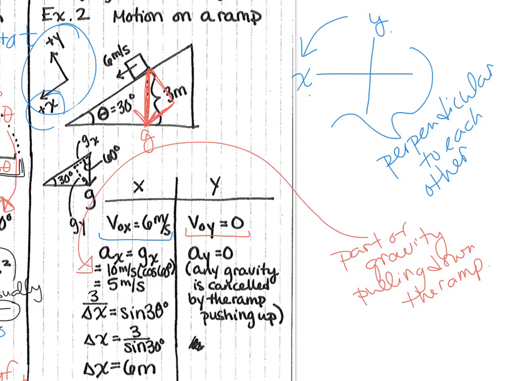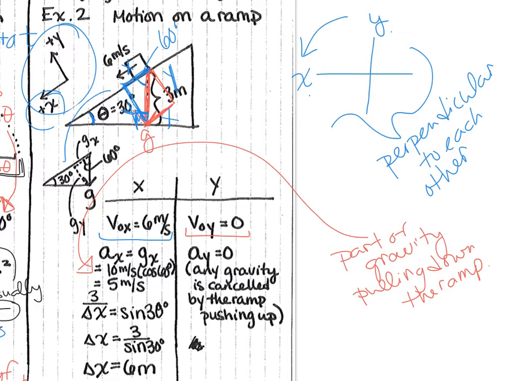We can do it on that side, or we could do it on this side, to figure out what the x and y components are. So if this here is 30 degrees, this here is 60 degrees. It's 30, 60, 90.